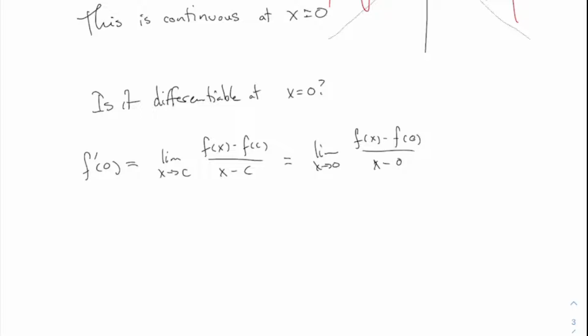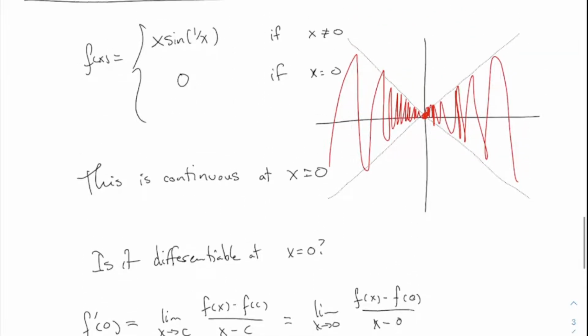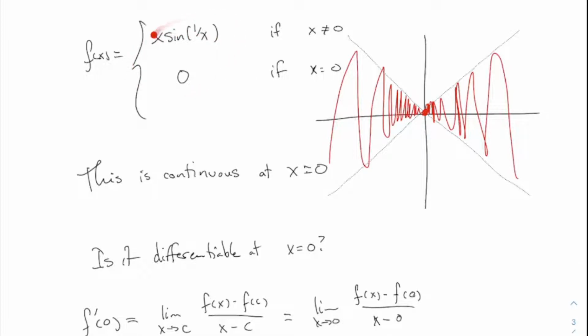And now plug in, what is f of 0? What is f of x? Now f of x, unfortunately, has this weird thing in two pieces, but if I'm considering this limit when x goes to 0, you do not have to consider when x actually equals 0. All that matters for this limit is all the other points. And so for the sake of plugging into this limit, I can just use the first formula. We don't have to worry about the two pieces anymore, because all I care about is when x is not actually equal to 0.